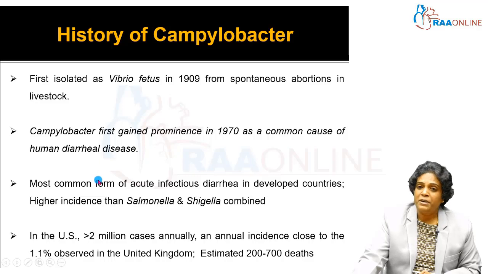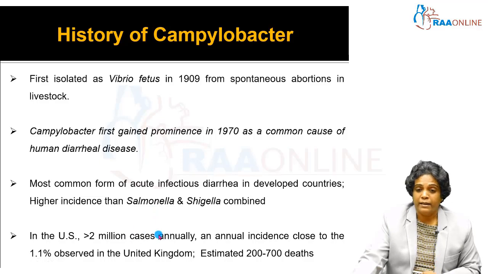Now this Campylobacter infection causing diarrhea is very common in developed countries. Its incidence remains higher than that of Salmonella and Shigella infection. In developed countries like the US, the incidence is very high, with more than 2 million cases annually.